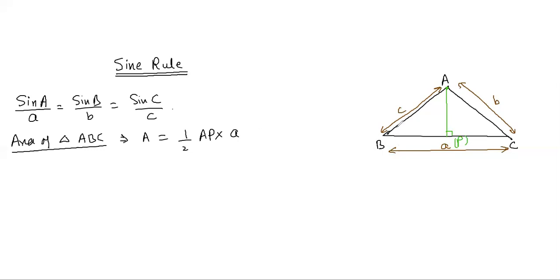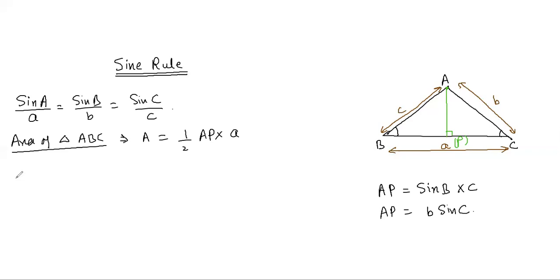Now AP is small c into sine of angle B. Okay. Because triangle ABP is a right angle triangle, and this side can be written as c sine of angle B. Similarly, in this triangle APC, this AP can also be written as b sine of C. Okay.